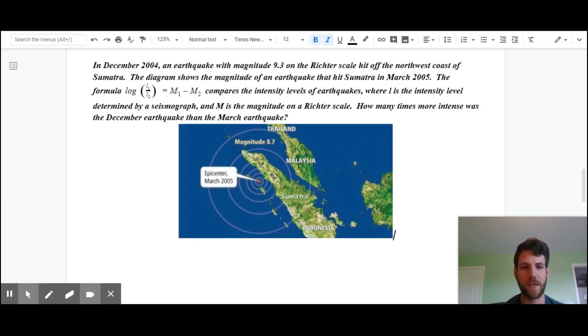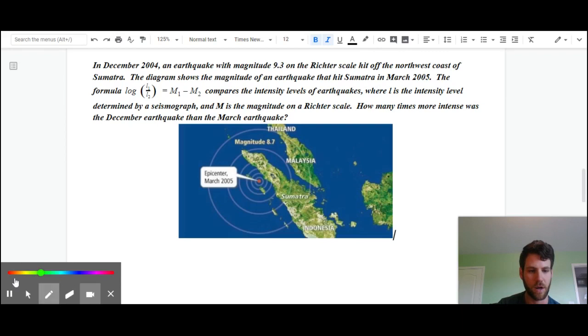And we can measure that earthquake as well as another one in March of 2005, using the formula presented in this paragraph. The log of the intensity of the first earthquake divided by the intensity of the second earthquake, and that's like energy released in general, is equal to the difference in their magnitudes. We could do this with logarithms, but we're going to compare these two earthquakes using one logarithm formula.